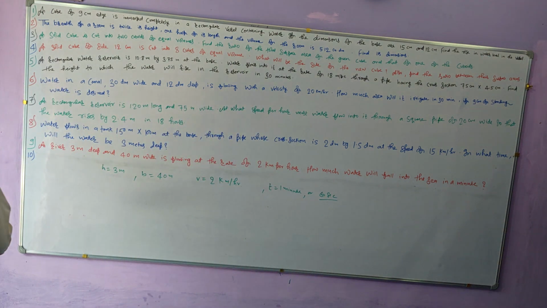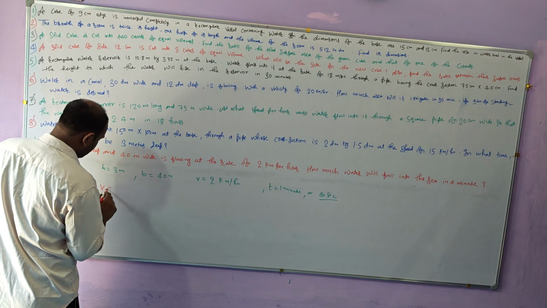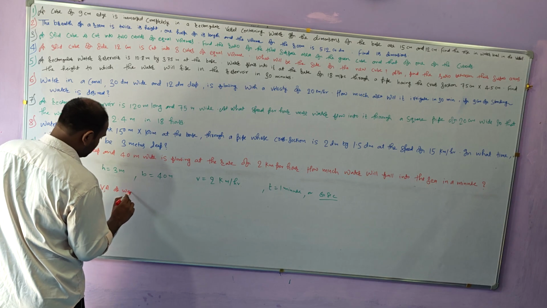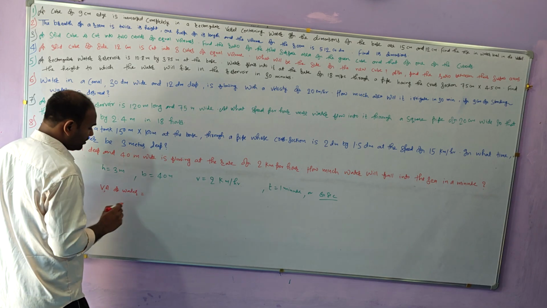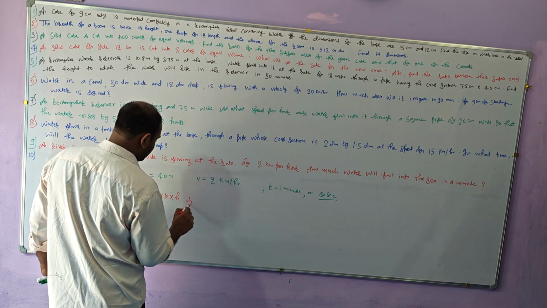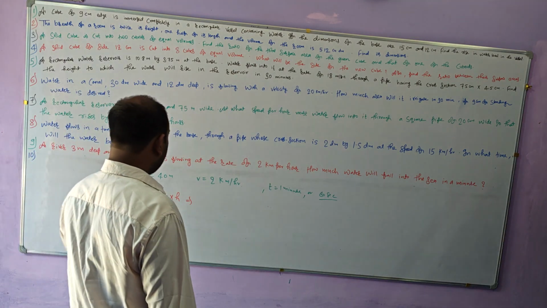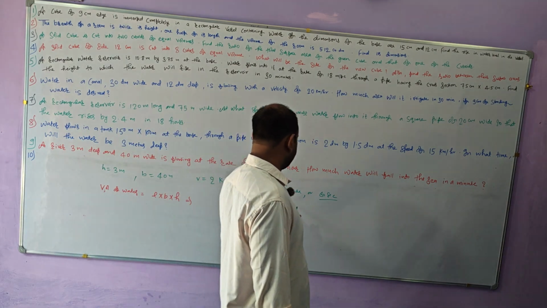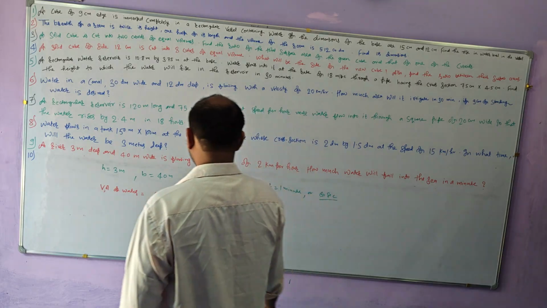So we need to find the volume of water. Volume is L into B into H. There is V given and T, but there is no length.